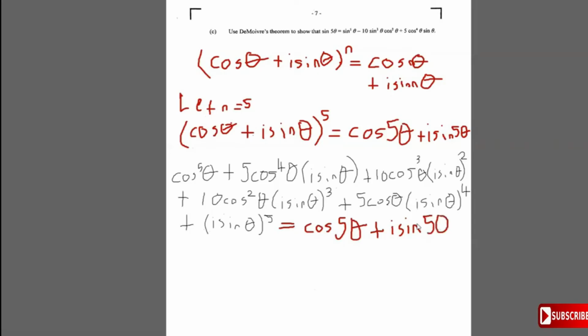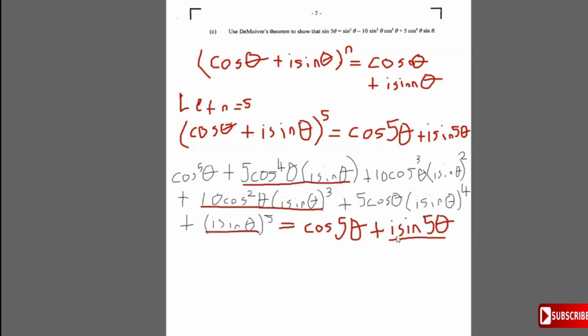Now when we equate it, all we need is sine 5 theta, so that means we're going to equate the imaginary parts. Sine square is -1, so that's a real. This is going to give me an imaginary number, and this will give me an imaginary number.